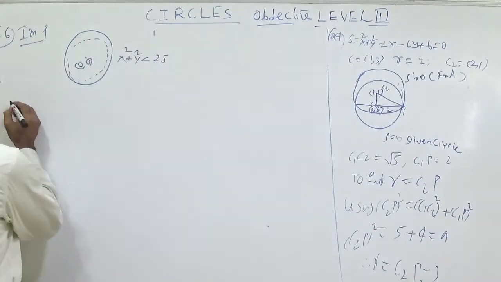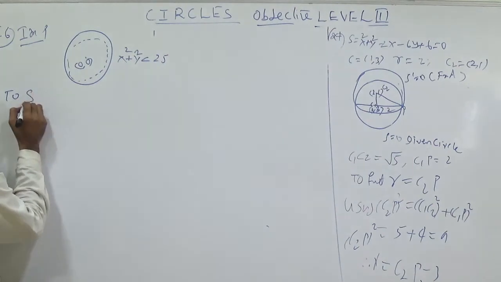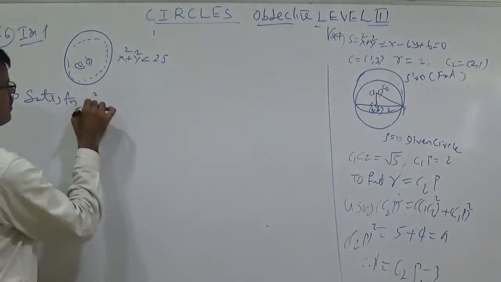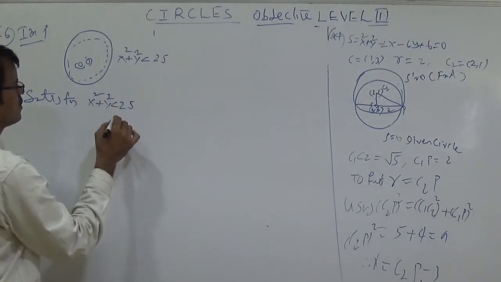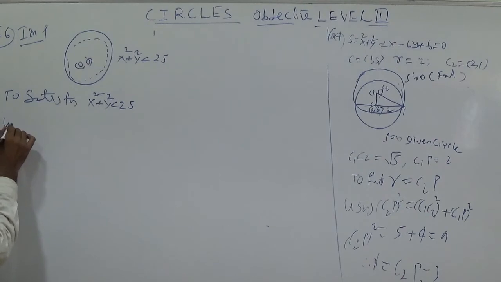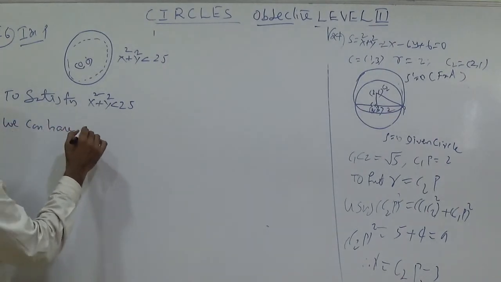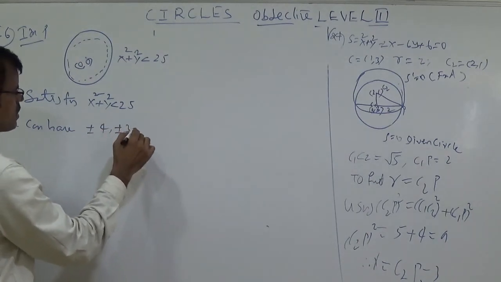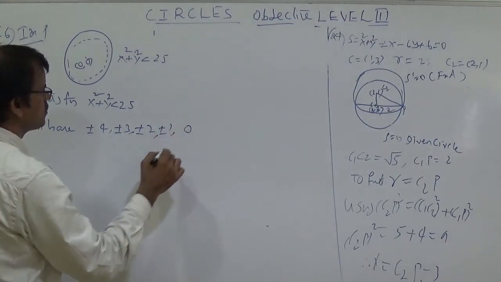To satisfy x square plus y square less than 25, we can have the numbers plus or minus 4, plus or minus 3, plus or minus 2, plus or minus 1, including 0.